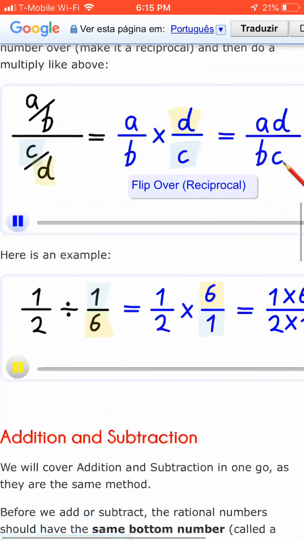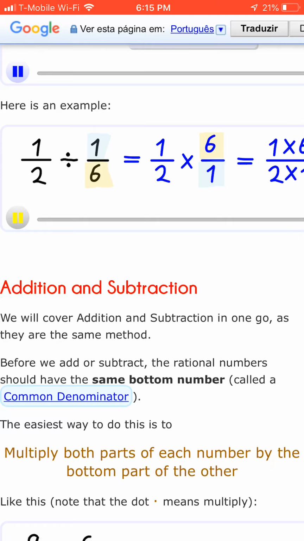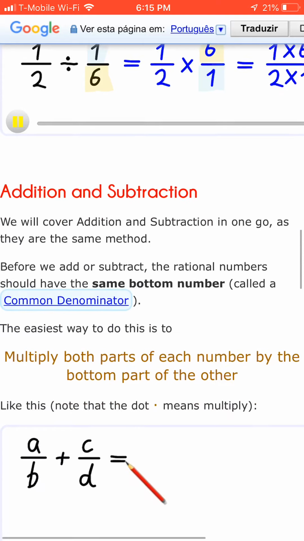Addition and subtraction. We'll cover addition and subtraction in one go, as they are the same method. Before you add or subtract rational numbers, they should have the same bottom number, called the common denominator. The easiest way to do this is to multiply both parts of each number by the bottom part of the other, like this. Note that the dot means multiply.